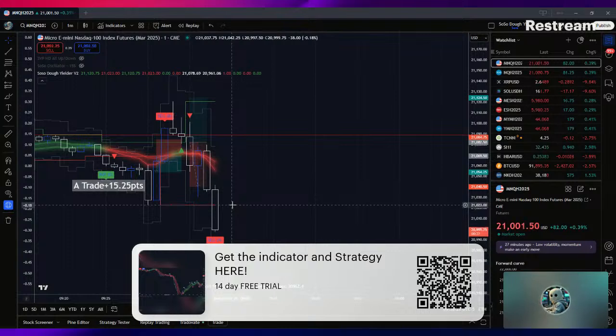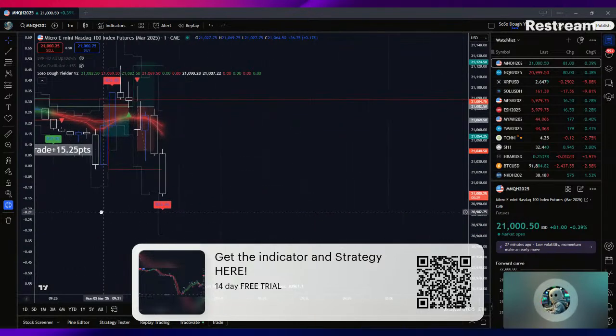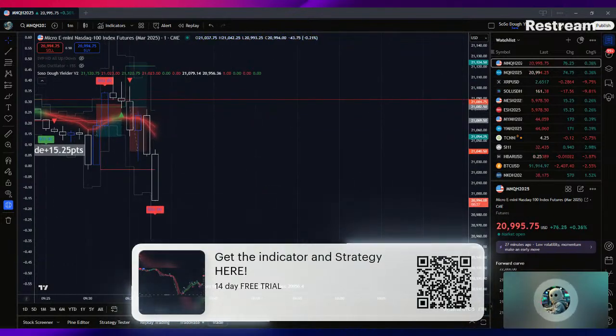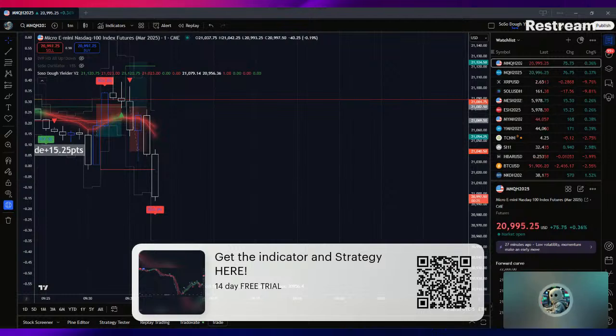Our range is starting to expand a little bit, so if we get filled on this trade and it just completes, then we make up some of that last one.